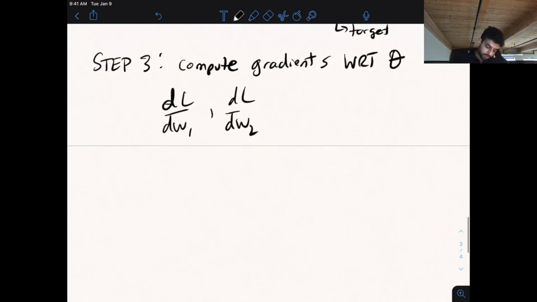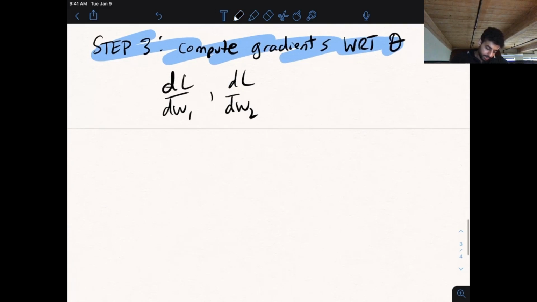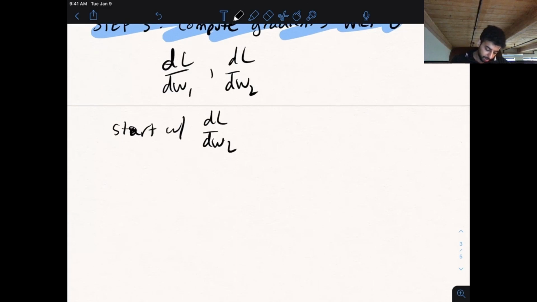Okay, start with this one. An important concept to note here: we've already gone over the chain rule of probability, but important in these kinds of computations is the chain rule of calculus.